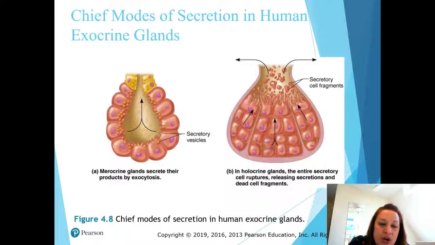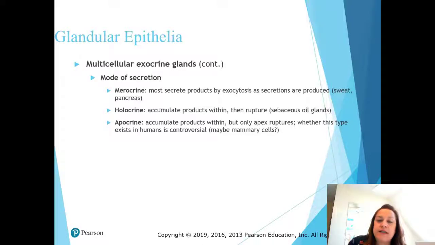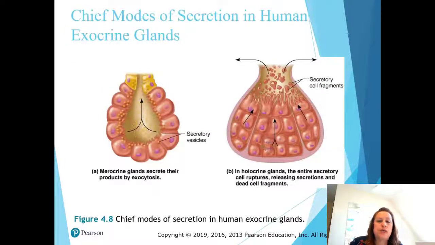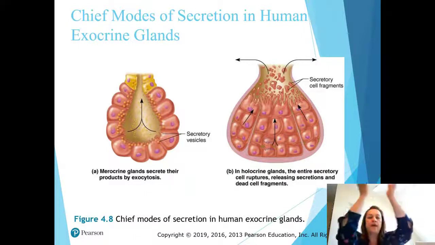This is a picture of a merocrine gland. So secretory vesicles, and then the secretion goes up the duct and out. So if we look at merocrine, products secreted by exocytosis. You'll notice all of the little yellow secretory vesicles gathering on that surface. They're going to spill their contents into the gland and then up and out.